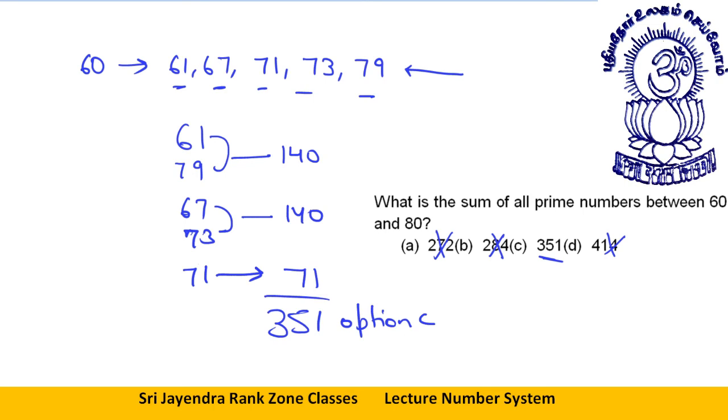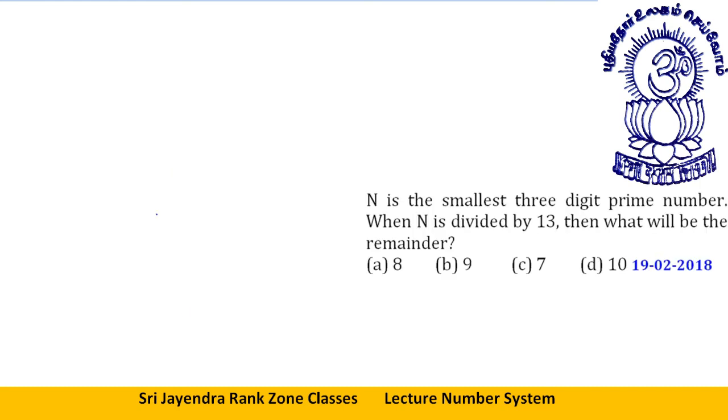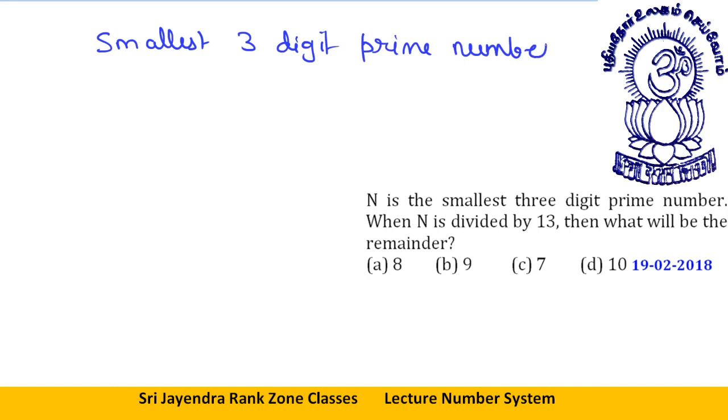Okay, dear students, let's look at the next question. N is the smallest three-digit prime number. When n is divided by 13, what will be the remainder? First of all, what is the smallest three-digit prime number? Smallest three-digit prime number.